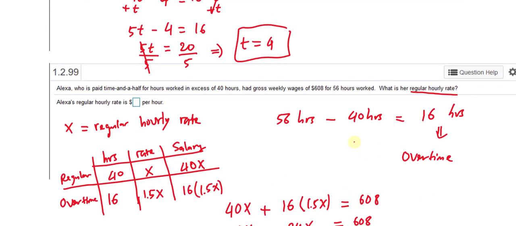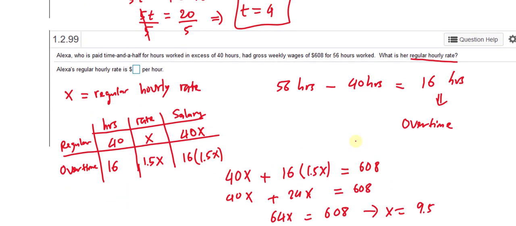So $9.5 for each hour of the first 40 hours, the regular hourly rate. Okay, so $9.5 per hour is the regular hourly rate, because that is the value of x.